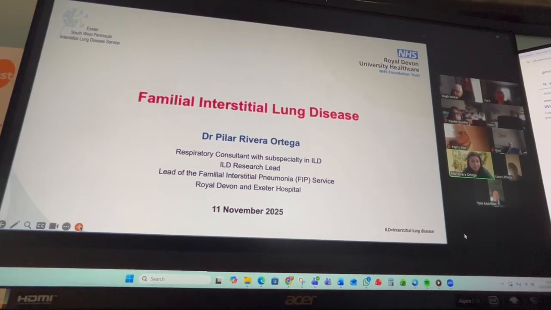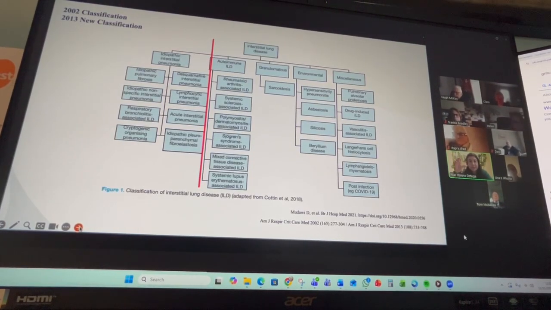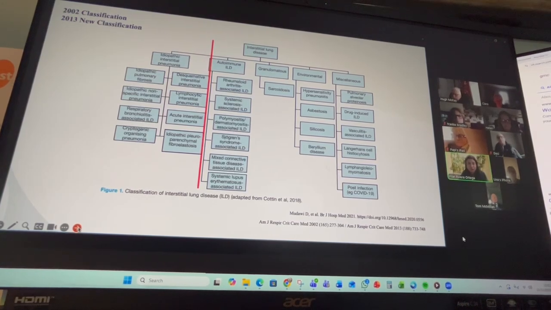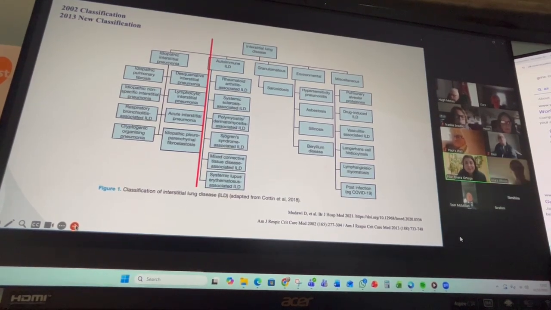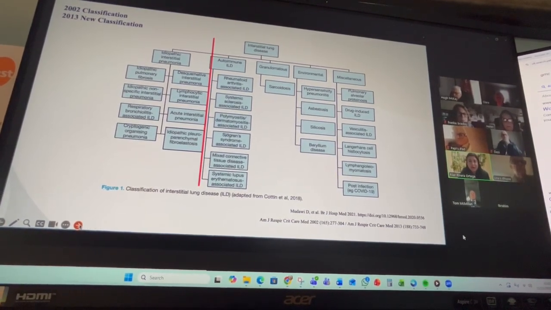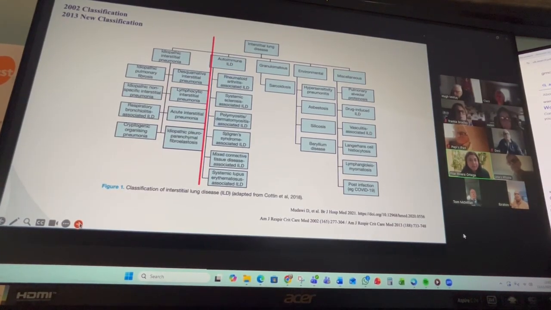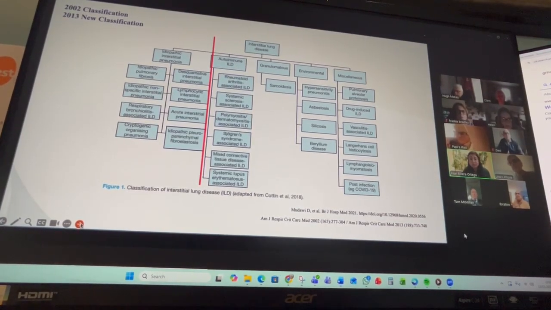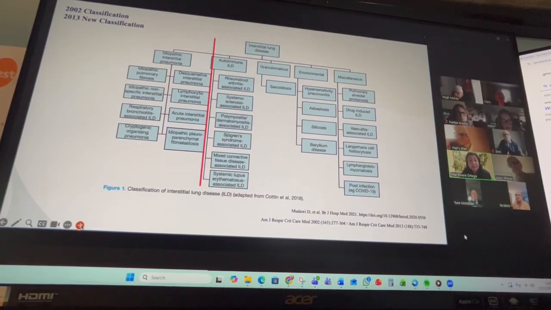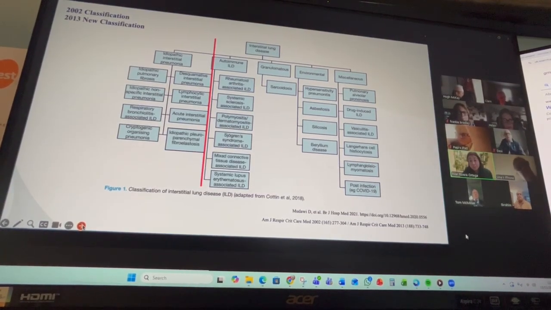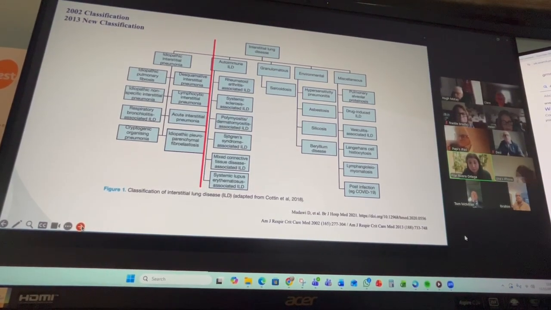The next slide, you will see this figure about the classification of the ILD. Although we have a new classification of all the interstitial lung diseases, you know that it is a big group of almost 200 diseases.